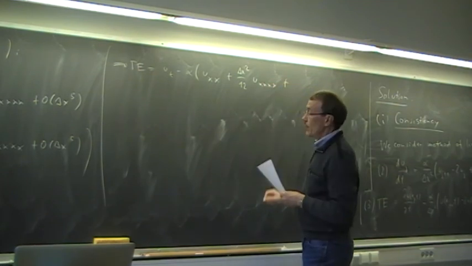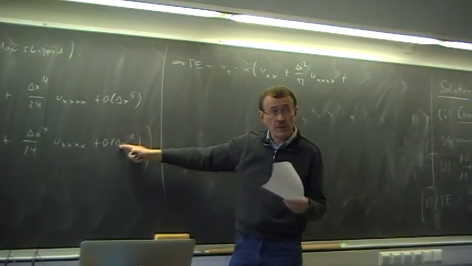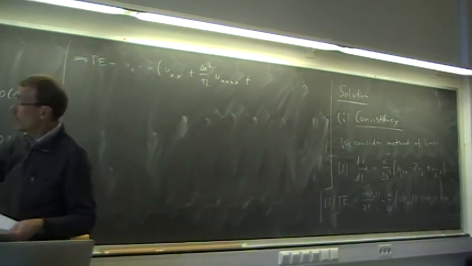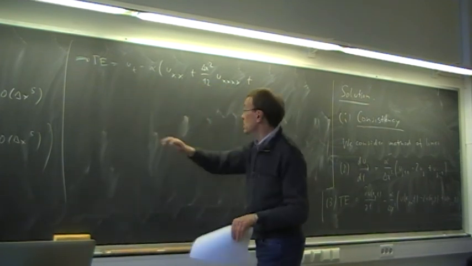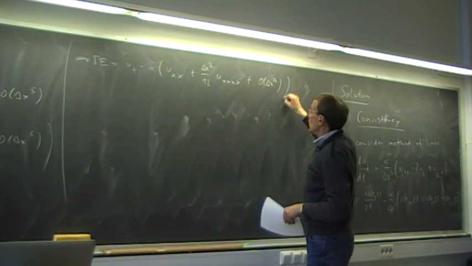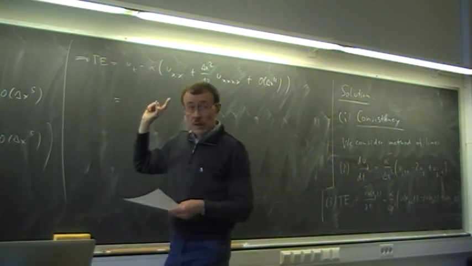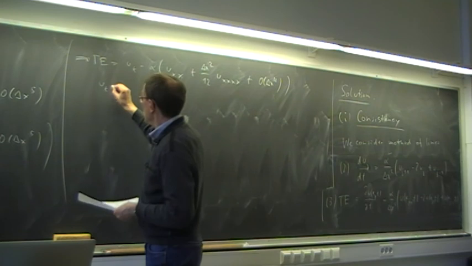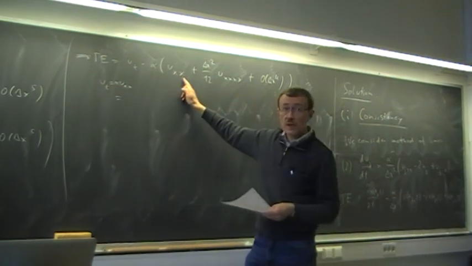If we would go further, this would have a plus and this would have a minus, so the fifth order would cancel, and the next one would be the sixth order, which divided by delta x squared would be fourth order. But the catch is that we have inserted the exact solution, which fulfills the PDE. So u_t minus alpha u_xx is 0.